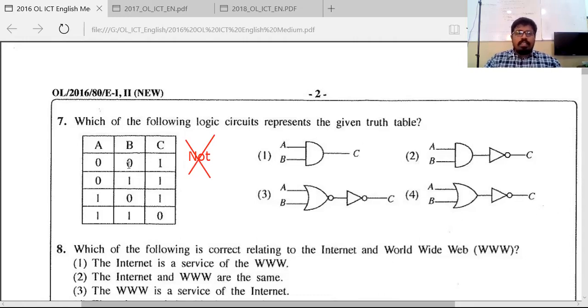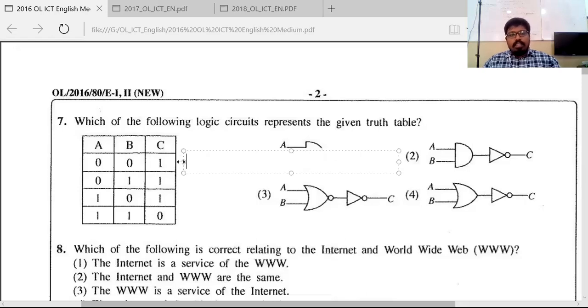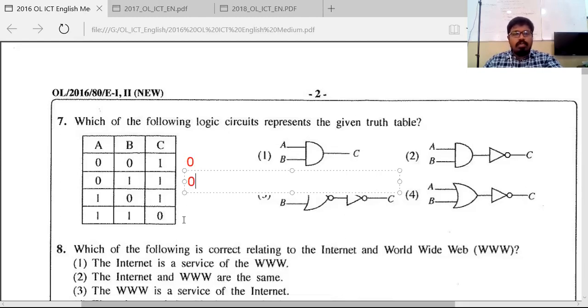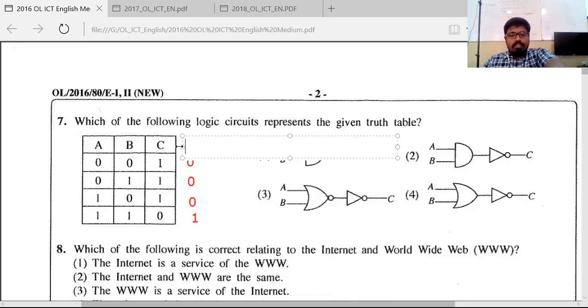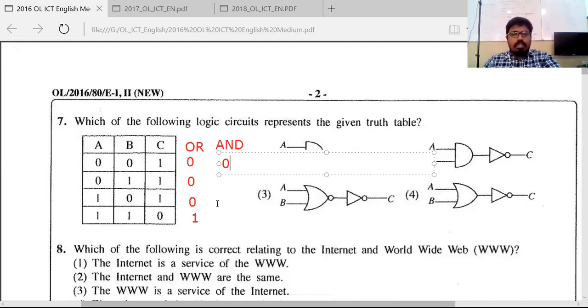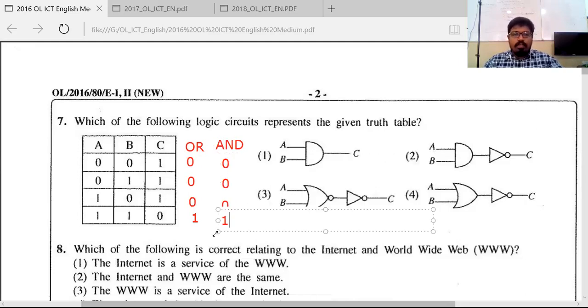Now I'm going to consider the OR and AND gates. When it is an OR gate, the output will be 0, 0, 0 and 1, right? When it is an AND gate, it will be 0, 0, 0 and 1, right?